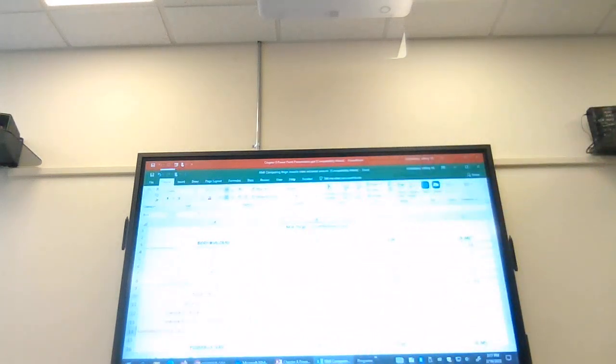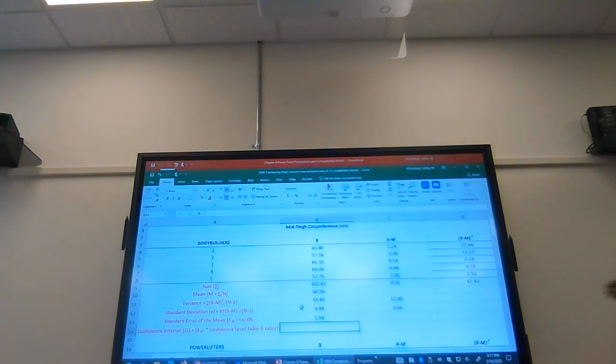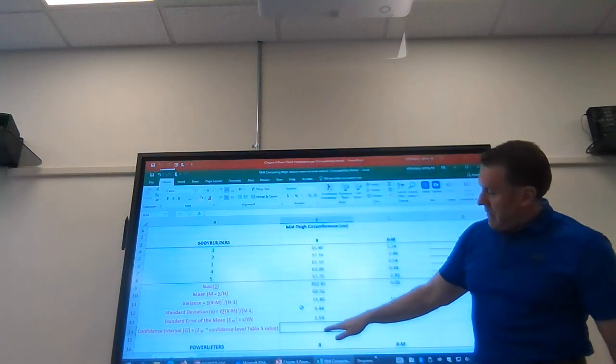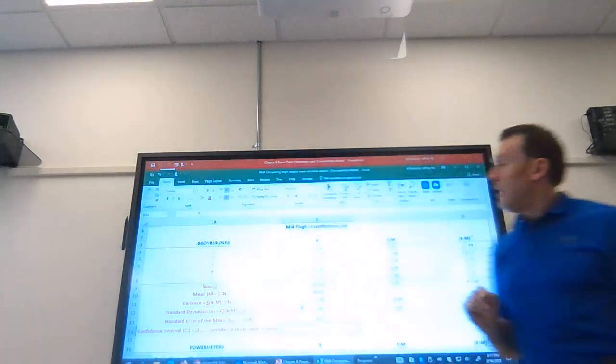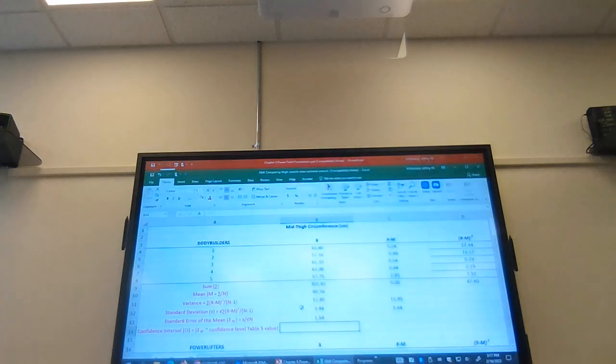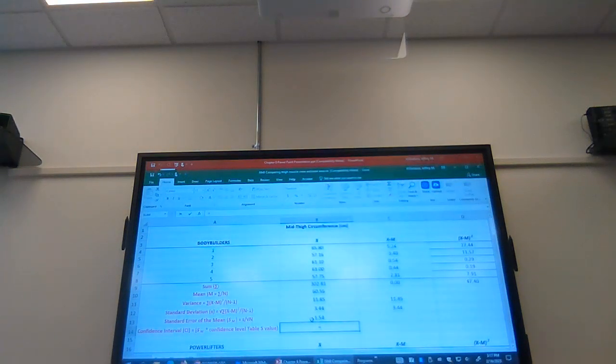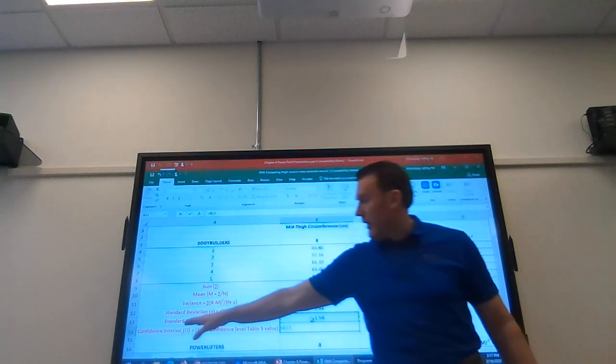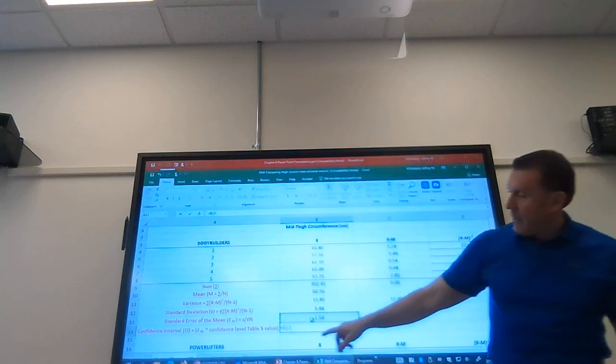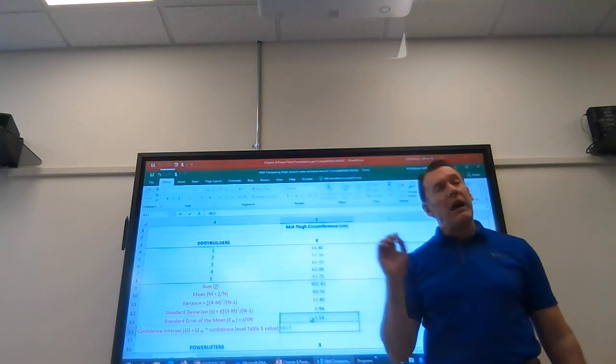Everybody, let's go to B14. Just like always, start with equals, and take your standard error. Standard error is right there. All you have to do is multiply it by the value from table 5.